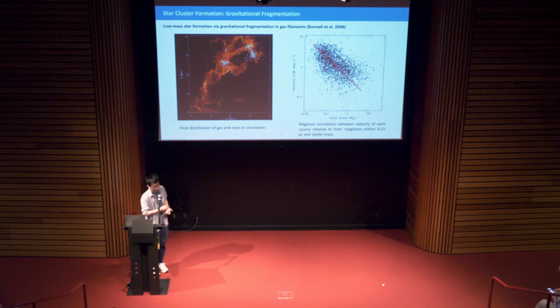The reason behind this is that when stars are forming in these gaseous regions, if their velocity is too high, the high velocity will either eject them out of the gaseous region, which stops accretion, or the high relative velocity between the star and the gas is simply too hard for them to continue to accrete. As a result, we see a negative trend here, or put in other words, low-mass stars are moving faster compared to their neighbors.